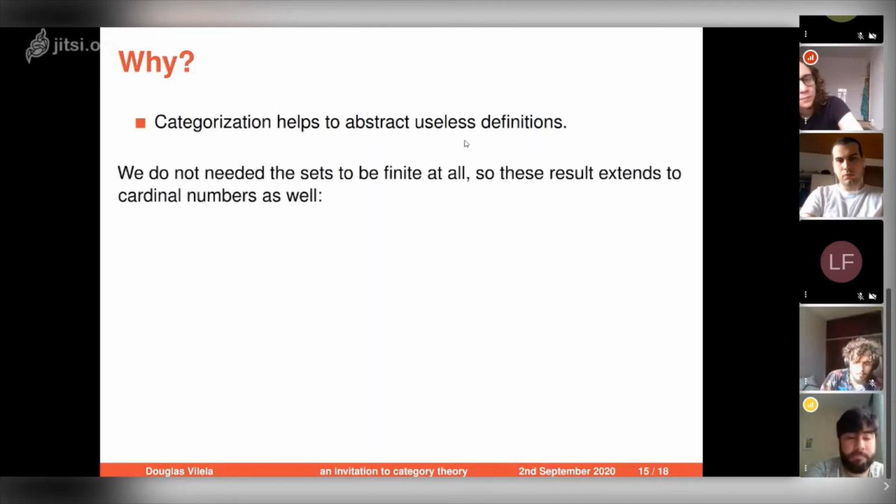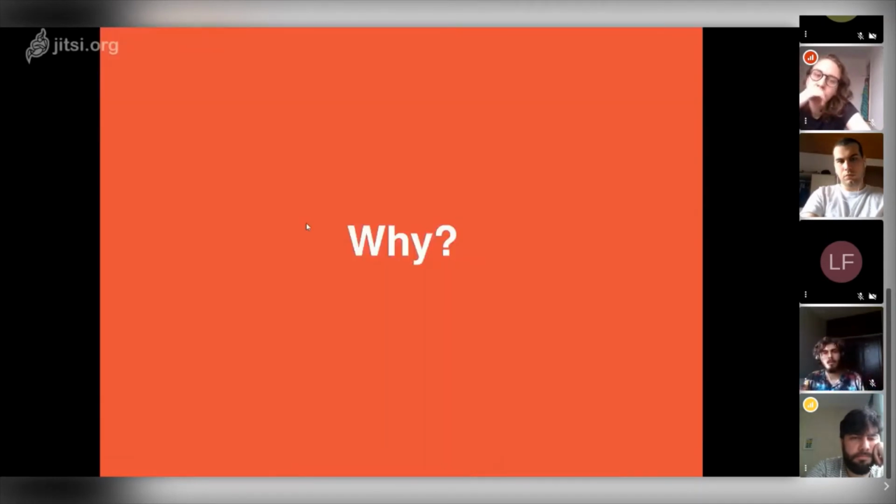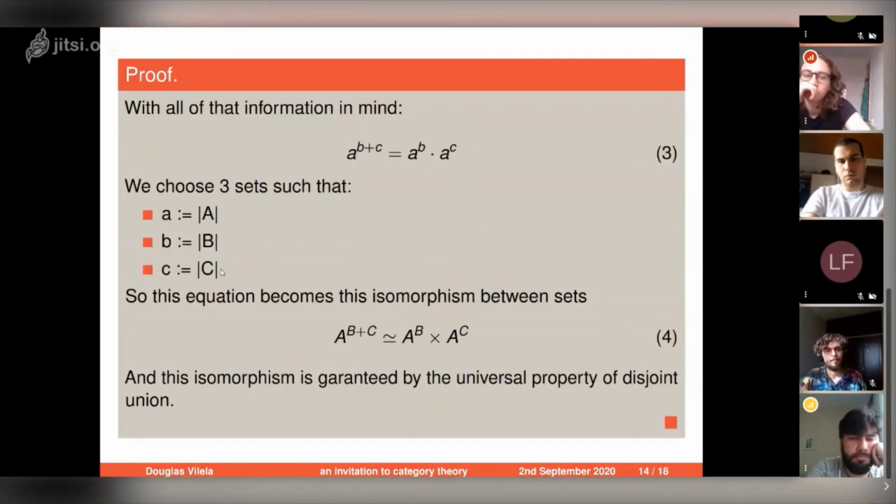For example, in the proof that we used, the sets are not meant to be finite as we stated. So if we chose some infinite sets here, this statement holds in the same way.